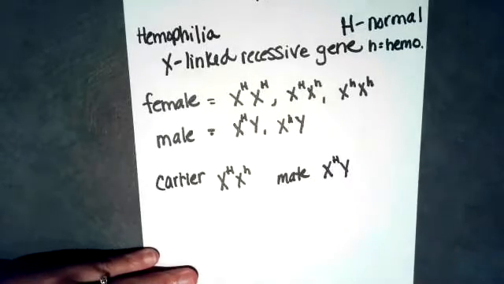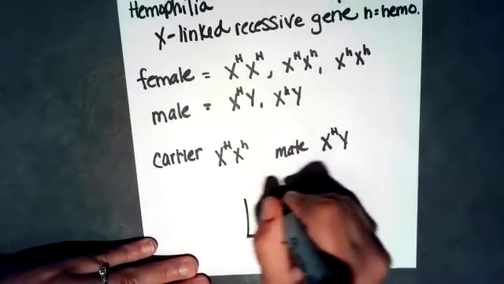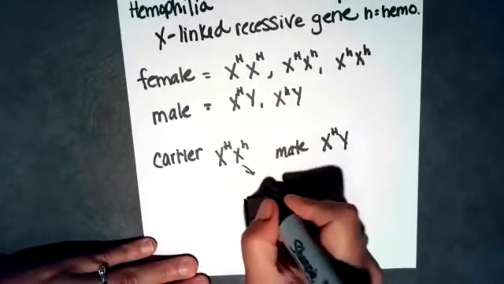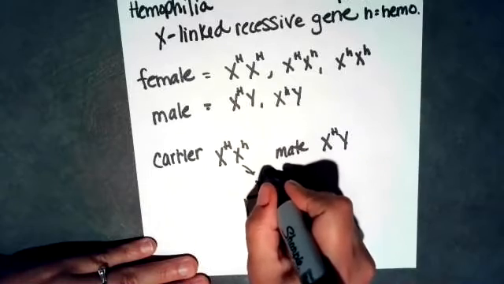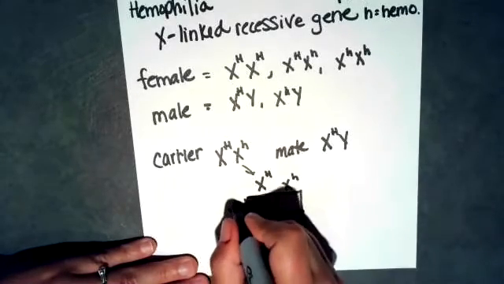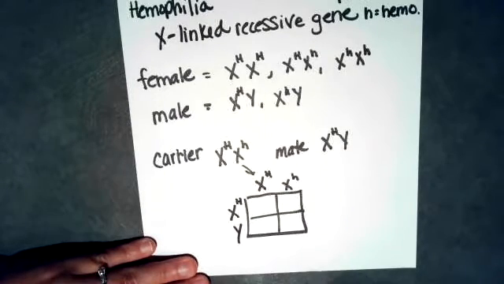So it would be capital H. You're going to do your Punnett square. Okay, so we'll put mom up here, big H, little h, and we'll put dad along the side. He was normal, so it's a capital H and a Y.